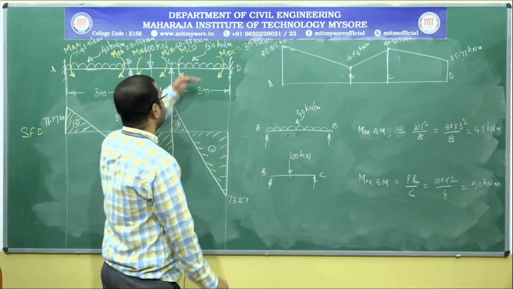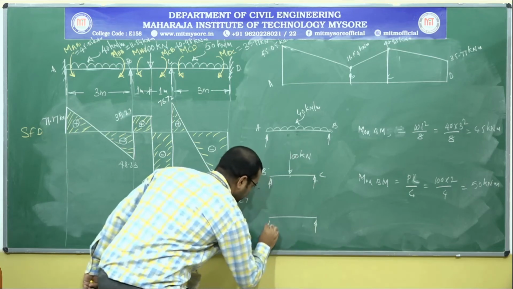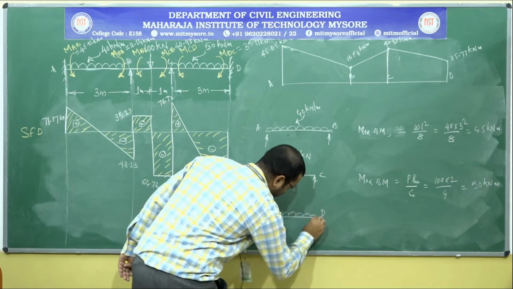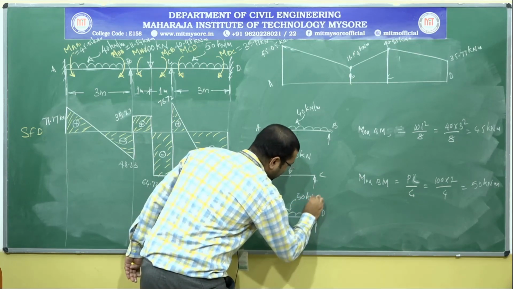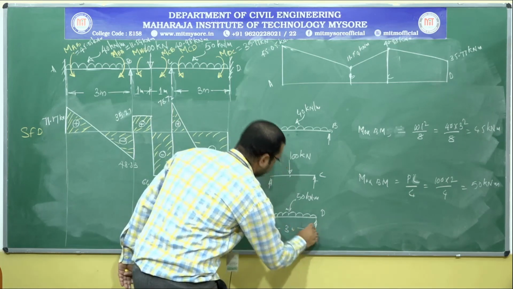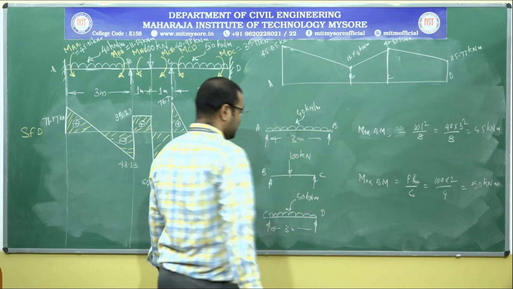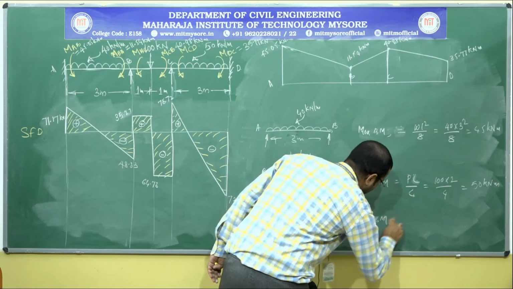And lastly, for the third span, that is span CD, as it is also loaded with the UDL of magnitude 50 kilonewton per meter, the span is 3 meter. Here also it is 3 meter. So I have to calculate the maximum bending moment.